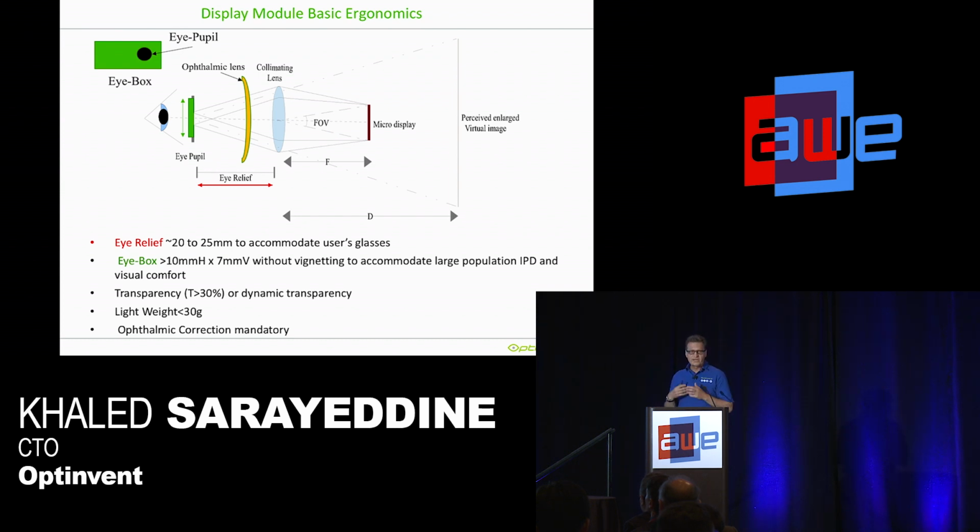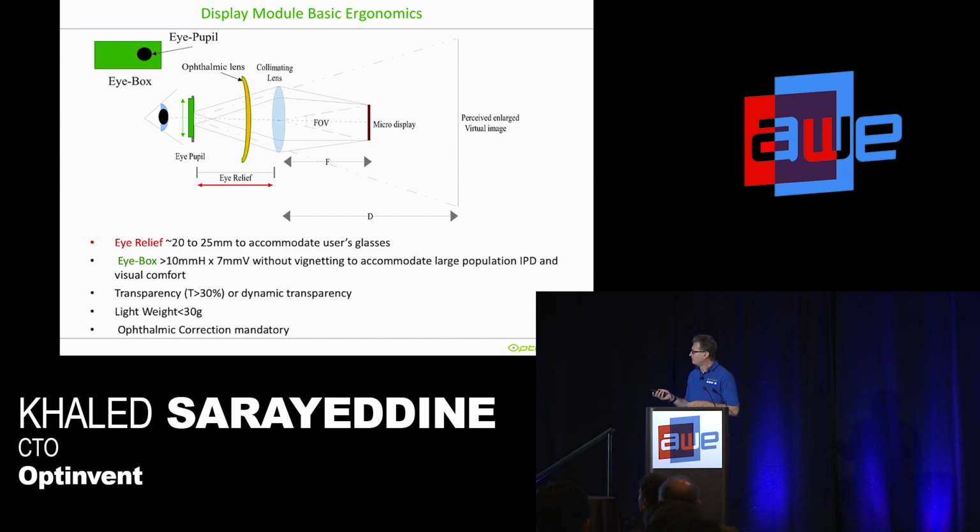And the weight of the whole system should be less than 30 grams, especially if you have binocular, to have the whole glasses less than 70 grams. And mandatory, you should have a solution to correct the vision of the population. More than 50% of the population are wearing glasses. You cannot force people to have another correction than their own correction.